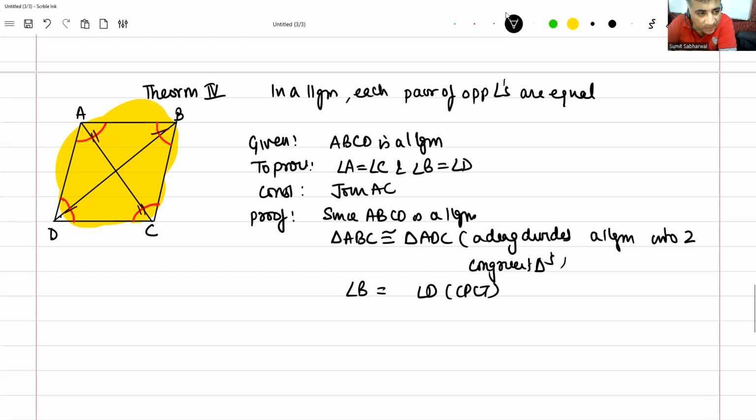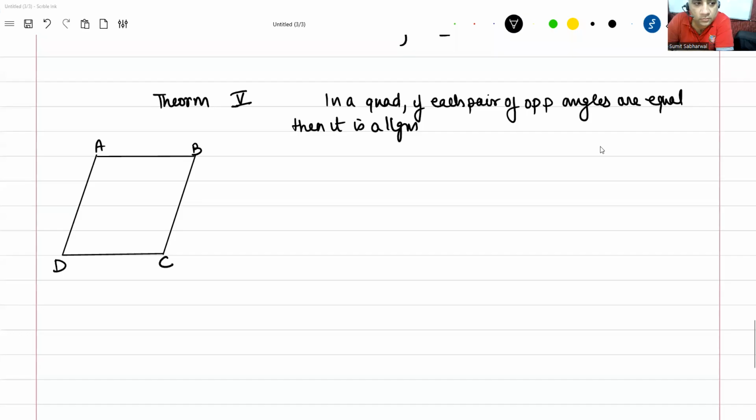So by that we can simply say angle A is equal to angle C by CPCT. So I'm just writing over here. Similarly, angle A is equal to angle C. Okay. I hope this theorem is clear. Let's move ahead with the next theorem.